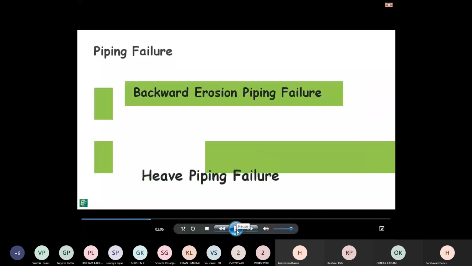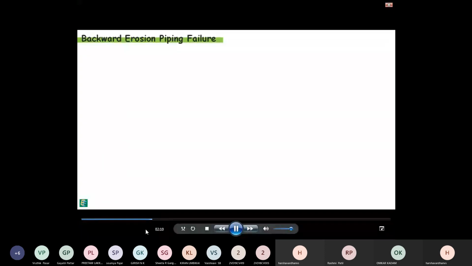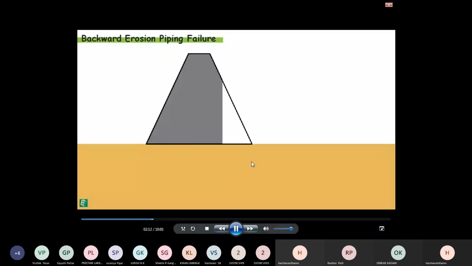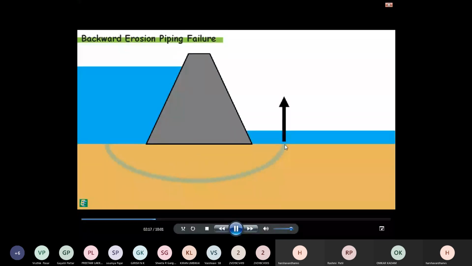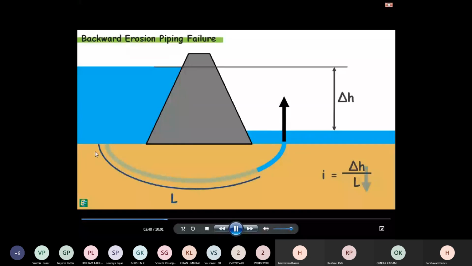We just now saw what is backward erosion piping failure. In backward erosion piping failure, the piping starts at the backward end, that is at the downstream end, because the exit gradient or the exit pressure is high. The particles here are going to get displaced, and slowly this displacement continues up to the upstream end.